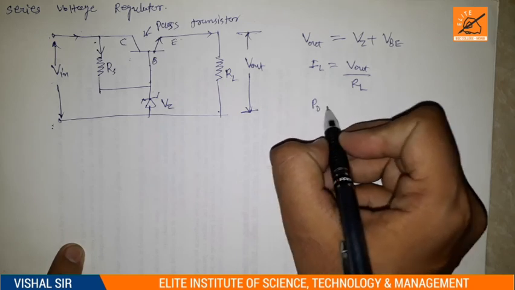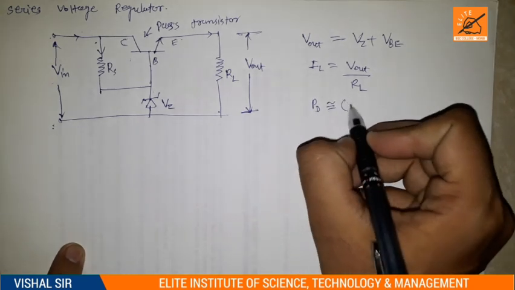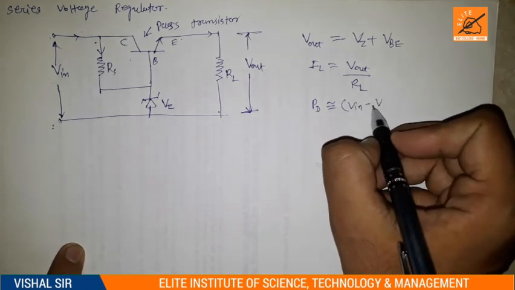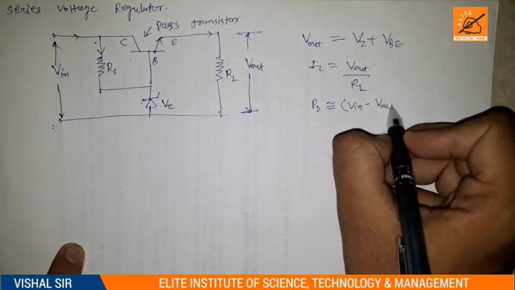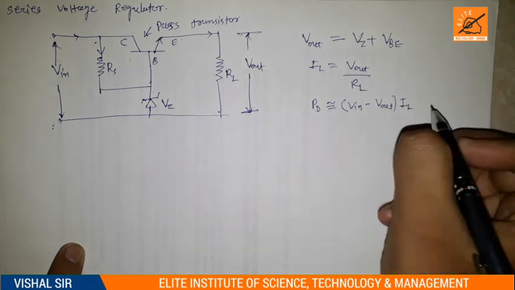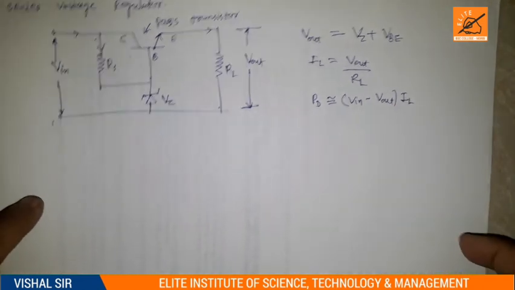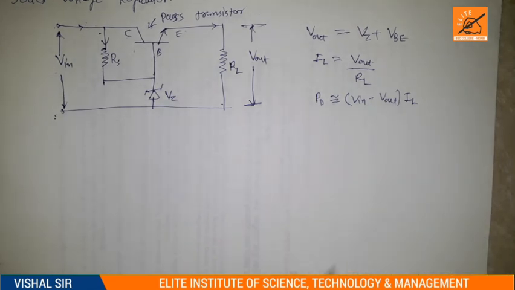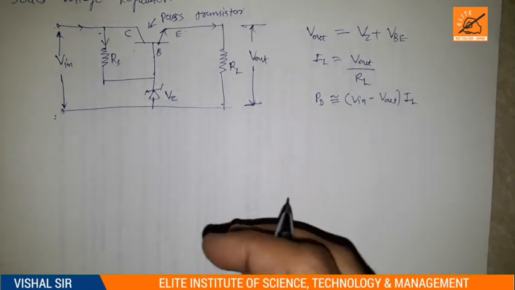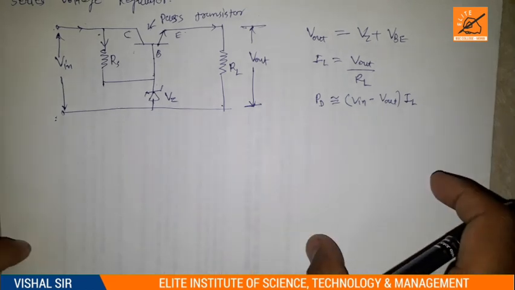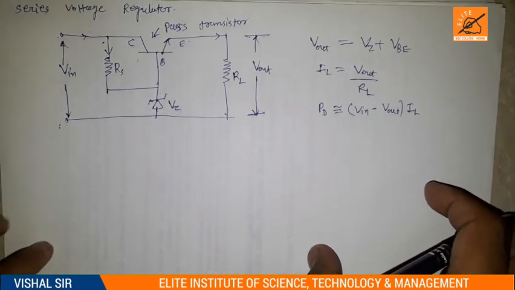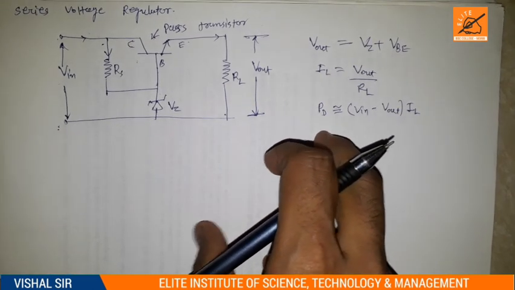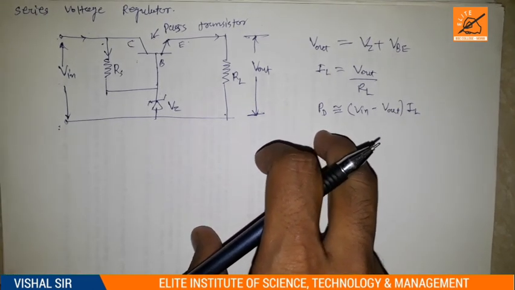That is PD is approximately equal to VIN minus V out into IL. Okay, this is the power dissipated through this transistor. So this way we can explain the series voltage regulator, and these are the equations we can use for a series voltage regulator.